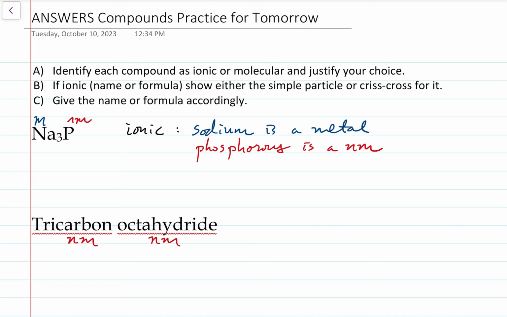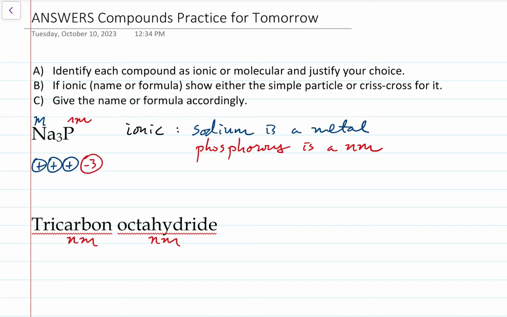And I've asked for simple particle or crisscross. Right, so simple particle is pretty easy. We're going to draw 3 sodiums. And we did this one in class. And a phosphorus is a -3 like that.